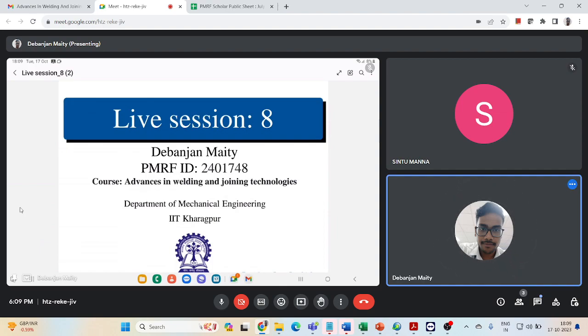So this session will be the last live session for this course on advances in welding and joining technology. In session 8, we will discuss metal transfer in welding, how it happens, the different modes of metal transfer, and their advantages and disadvantages.